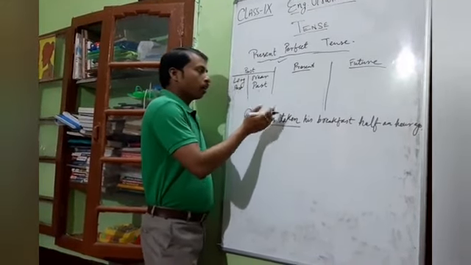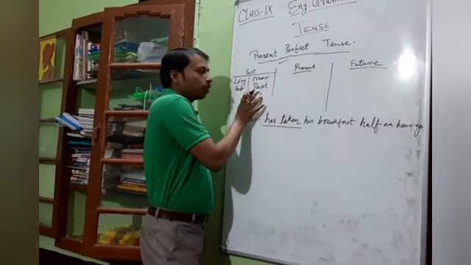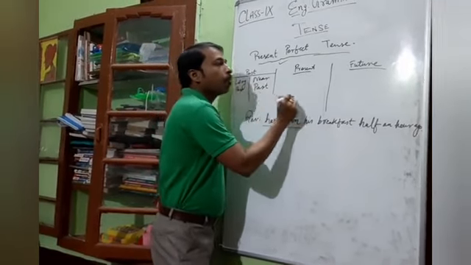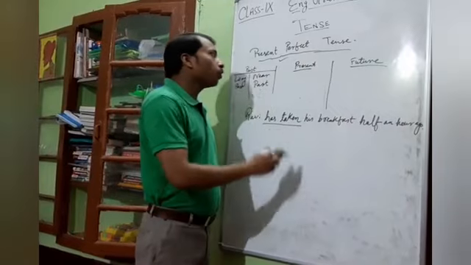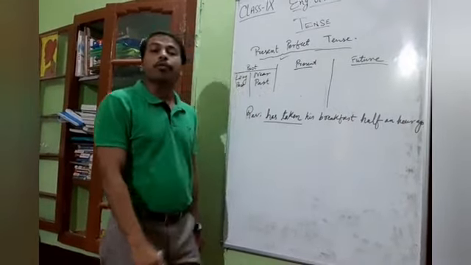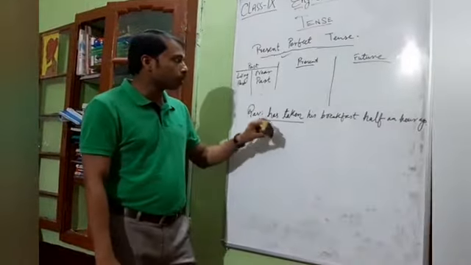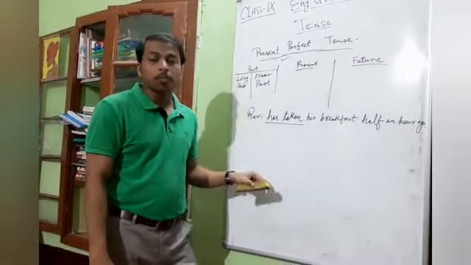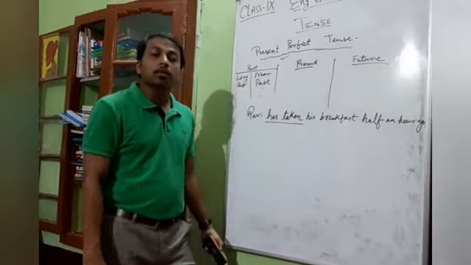So though the action falls in the past, as the action which is falling in the past is having its impact on the present time, we regard it to be present perfect tense. So any action which has been completed before the present time but has its effect on the present moment is regarded as present perfect tense.